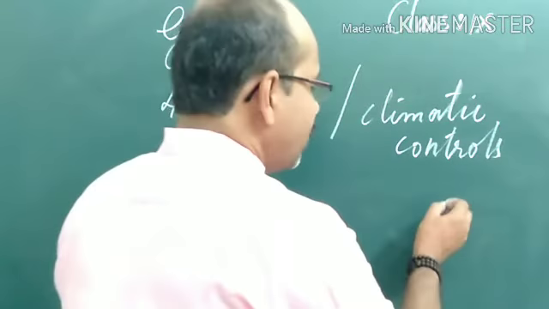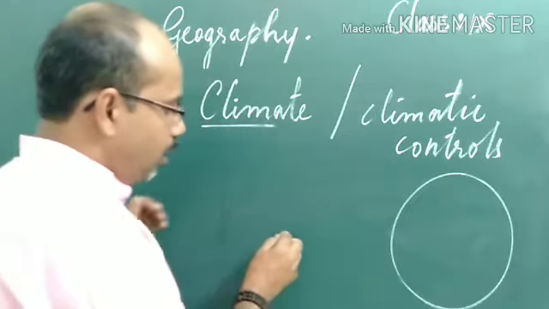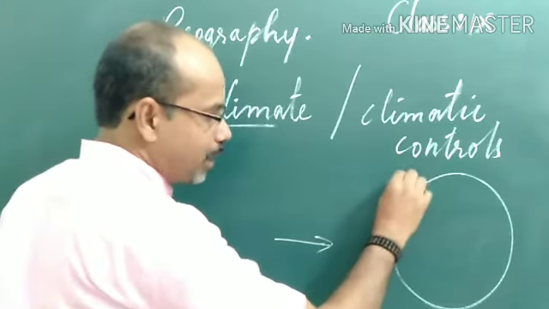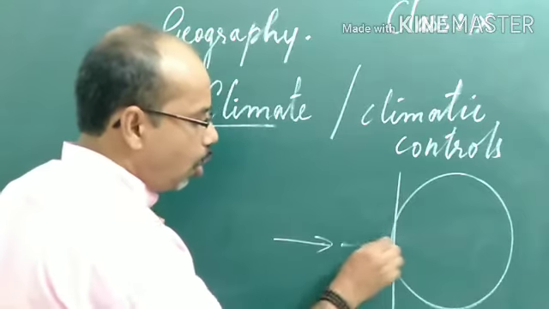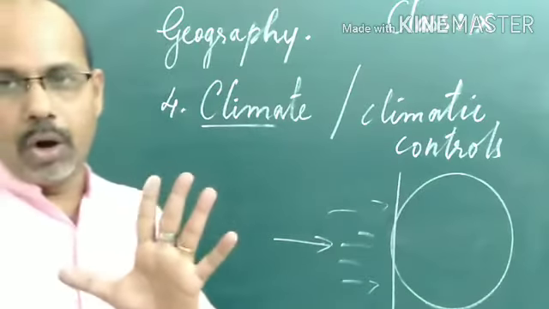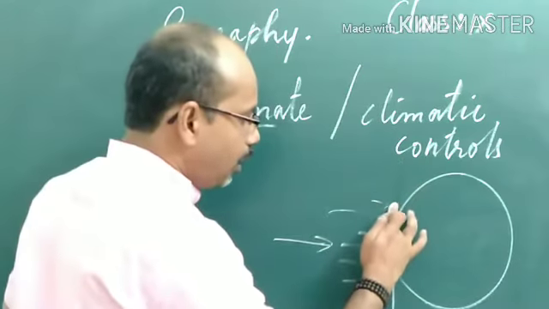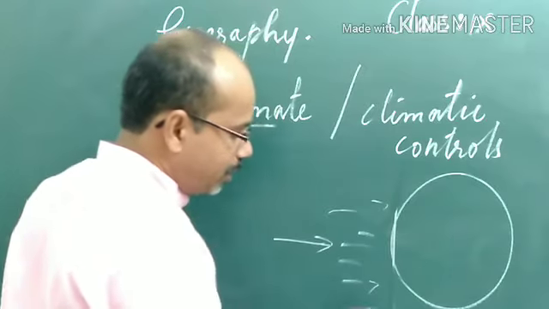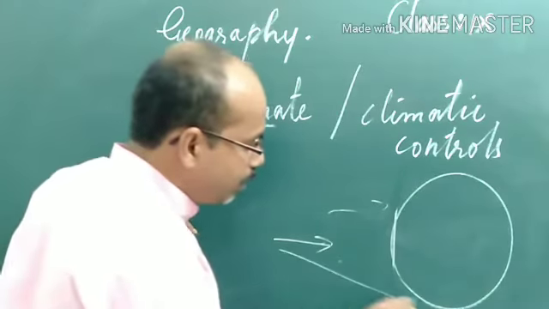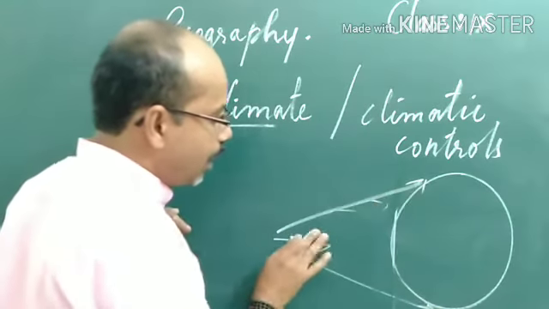If the earth were flat, all places would receive an equal amount of sunlight. But due to its geoid shape, the amount of solar energy received by different regions of the earth is different.